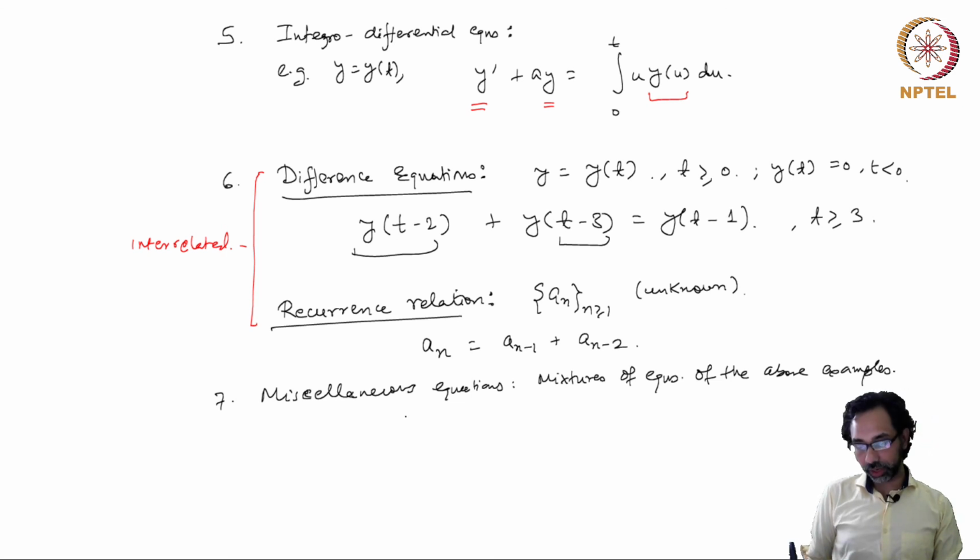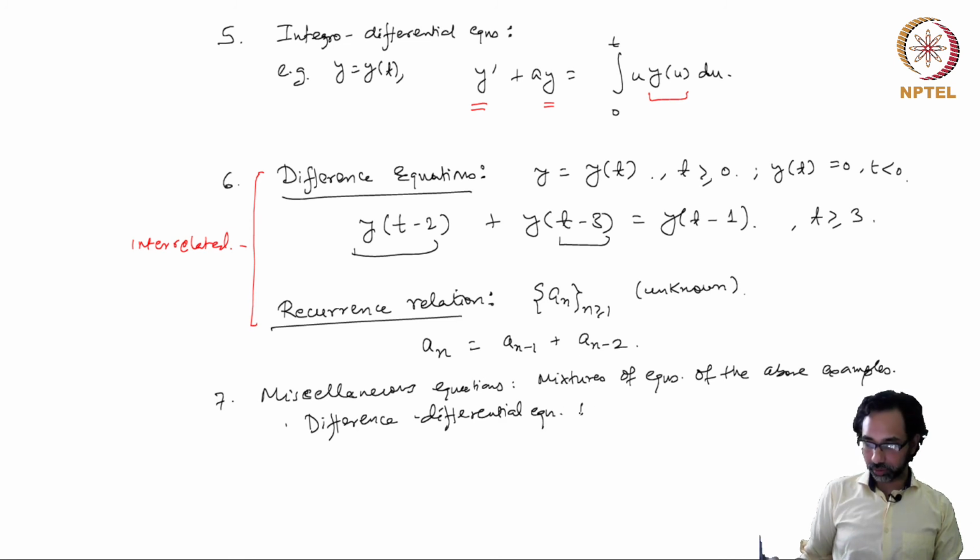So for example, you can have a differential equation which is given by y(t minus 1) equals y double prime of t.